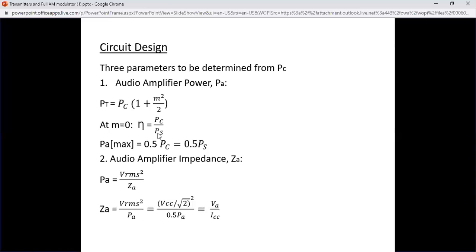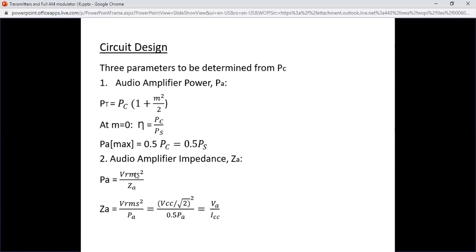And since the supply power does not change and the carrier power changes due to the efficiency, the audio amplifier power at the maximum voltage is equal to 0.5 PC, which is also equal to 0.5 PS.